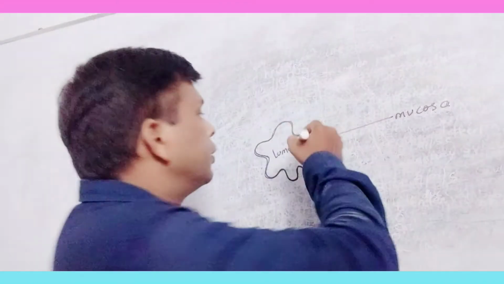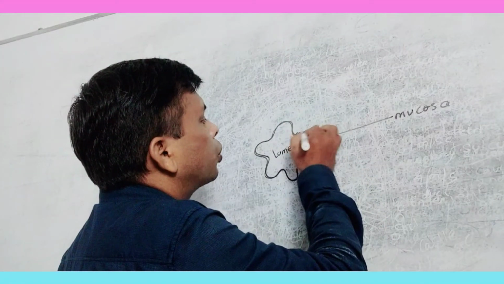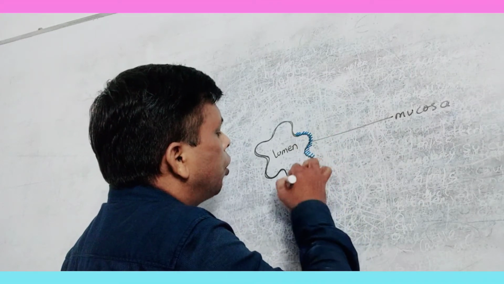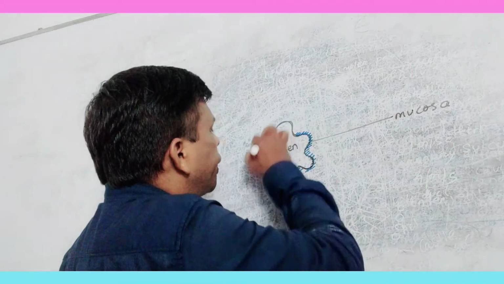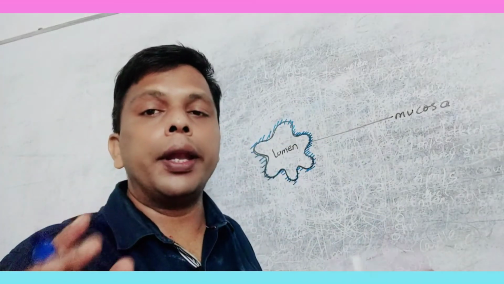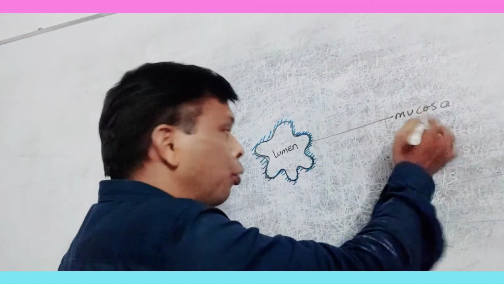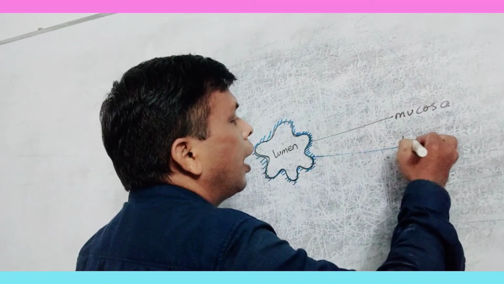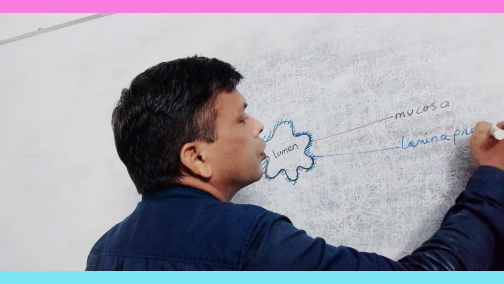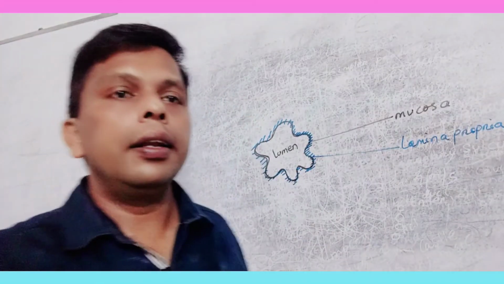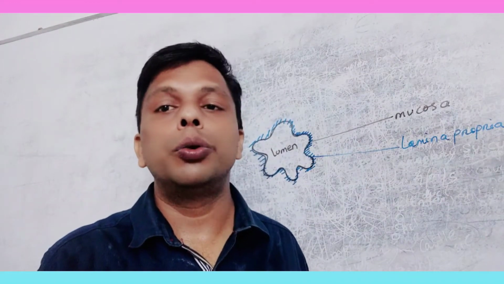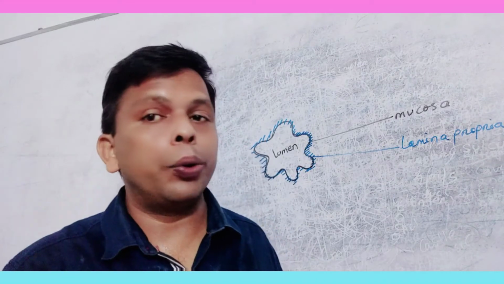The innermost layer of this mucosa consists of loose connective tissue. This is the lamina propria. Then it also consists of an outer smooth muscle, which is the muscularis mucosa.